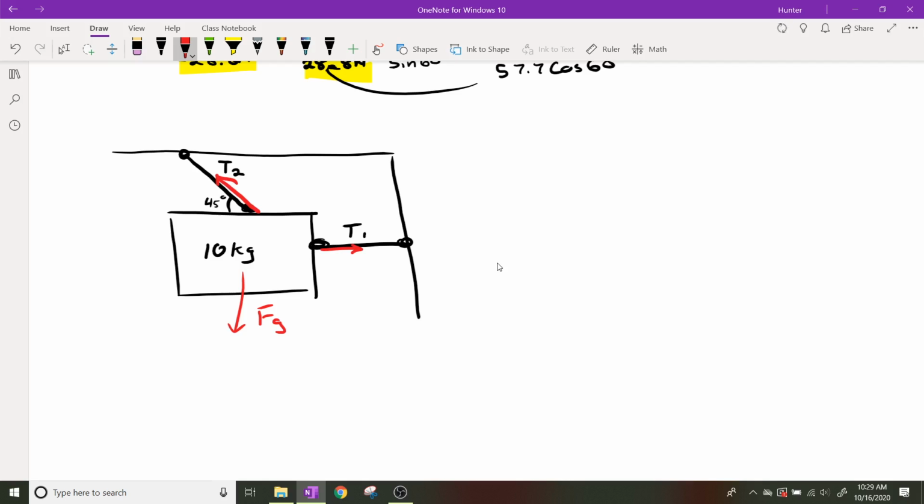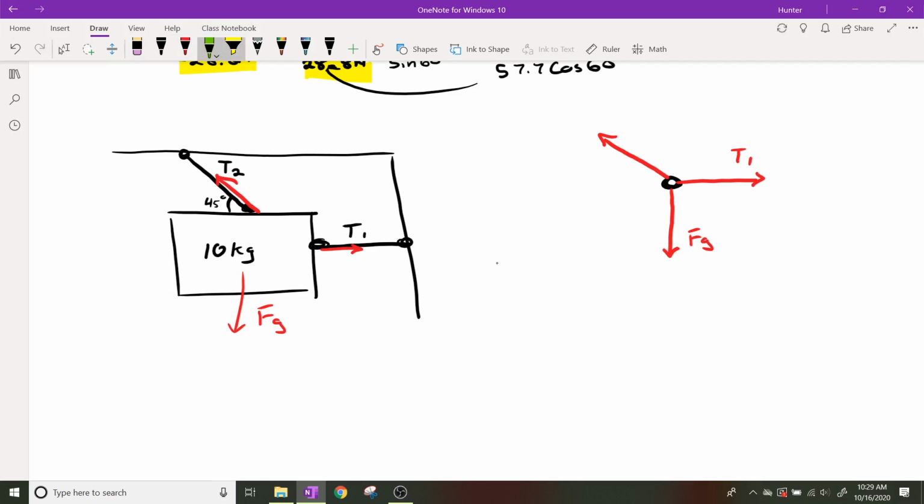So I'm just going to show y'all how to do this the free body diagram way. If you make this a free body diagram, we can resolve the components. We've got F g going down, and we've got T1 going this way. Then you're going to draw T2 at an angle of 45 degrees.